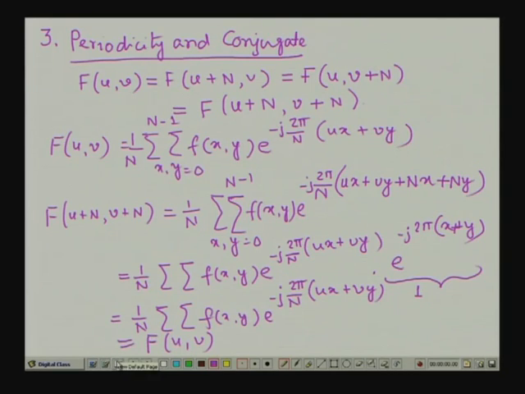Now, the other property that we said is the conjugate property.